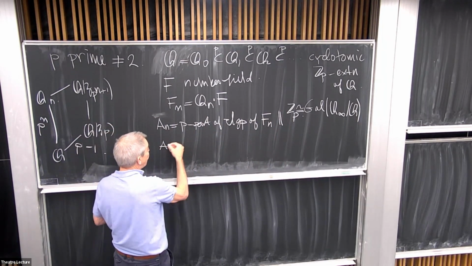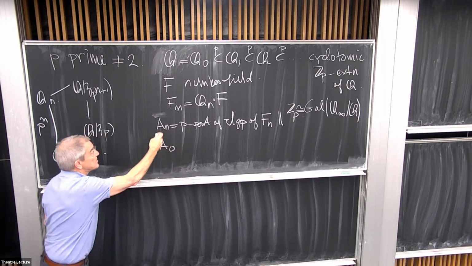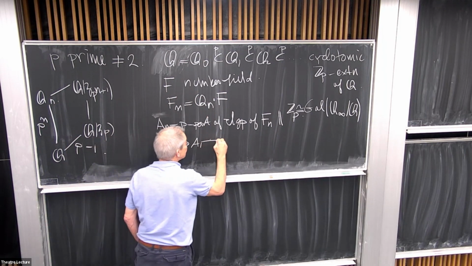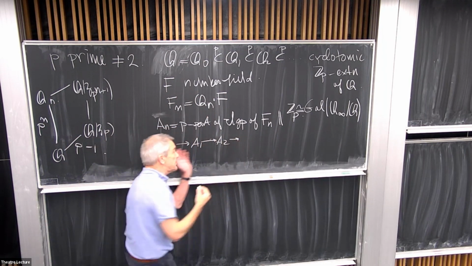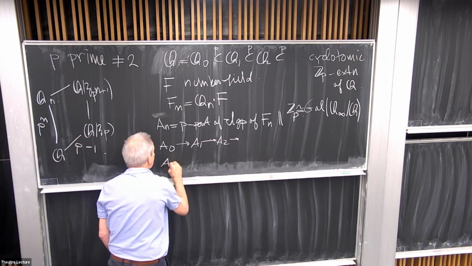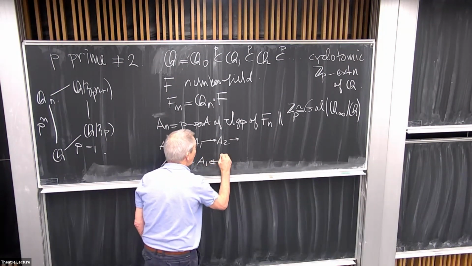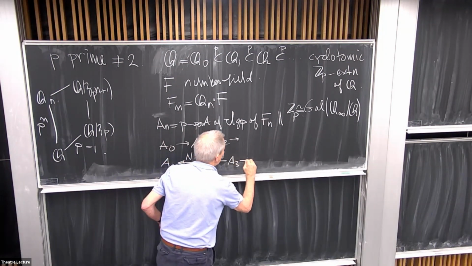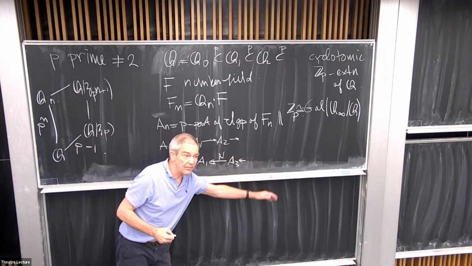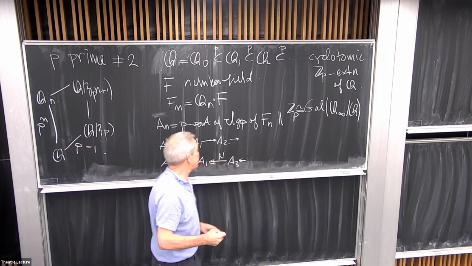So these groups map to each other. You can consider ideal classes of F_0 as ideal classes of F_1, etc., and you get a system of abelian groups. It is actually better to look at the relative norm map, because in the cases that I will consider, all these norm maps are surjective, and in general they are eventually surjective if the index is large enough.